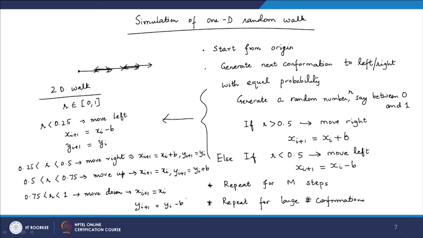There is a small detail here that of course R can take a value of 0.5 in this case. That will not really make much difference here, but it has to be R greater than or equal to here. Similarly, we can put greater than or equal to signs at these intervals, depending also on your generator for the random number, but that will not really make much difference because R is a floating variable that is changing in a continuous way from 0 to 1.